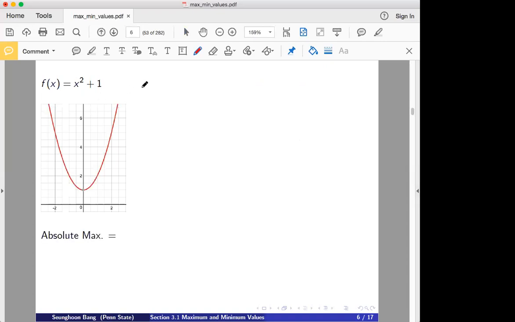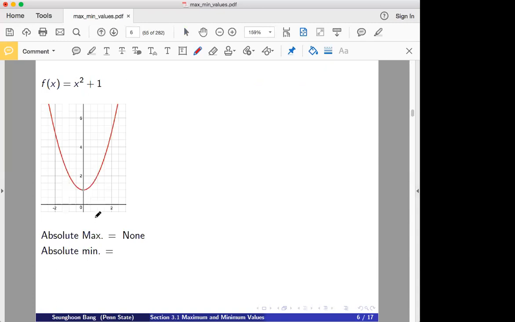Do we have absolute maximum? No. Graph is going up to the positive infinity. We don't have a finite number. No. We have absolute minimum. Yeah, absolute minimum is 1.